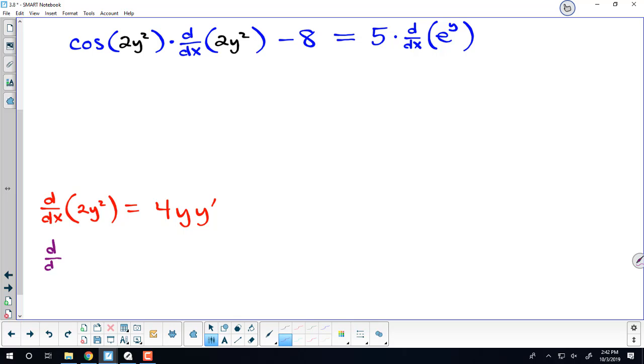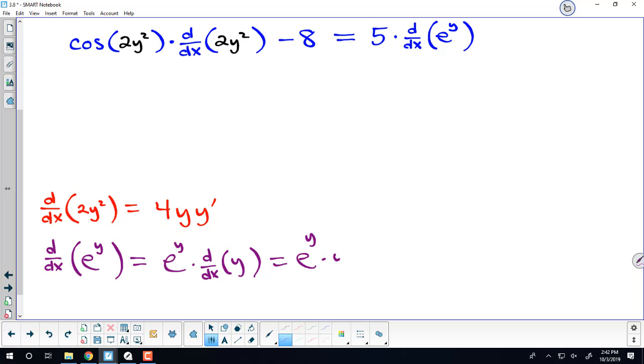What's the derivative of e to the y? E to the y prime. Yeah. Remember, the derivative of e to any power is e to that power times the derivative of its power. So e to the y prime, or y prime e to the y. I'm going to write that.